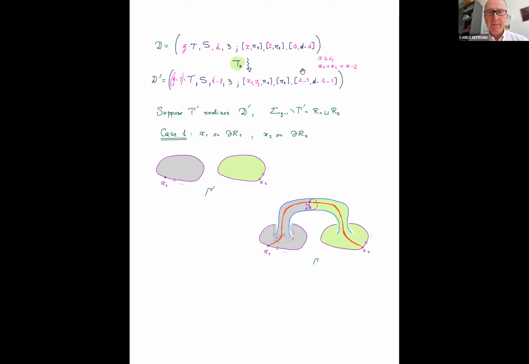So you pass from S minus 1 to S, because look at the gray one. You have everything just as before. If you check the white vertices, you have just 1 new white vertex. So this is the proof for the case where X1 and X2 are incident to different regions, and you have the other case.